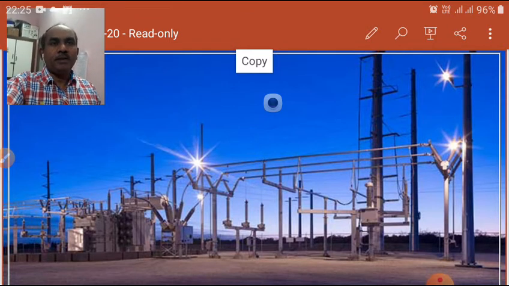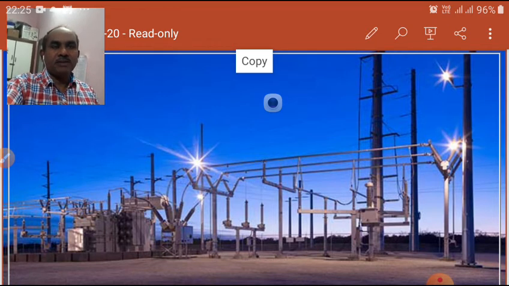Today we are going to study a few more points regarding our transmission lines as well as the distribution lines.